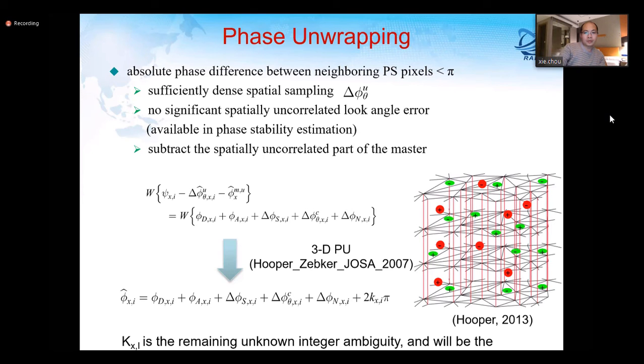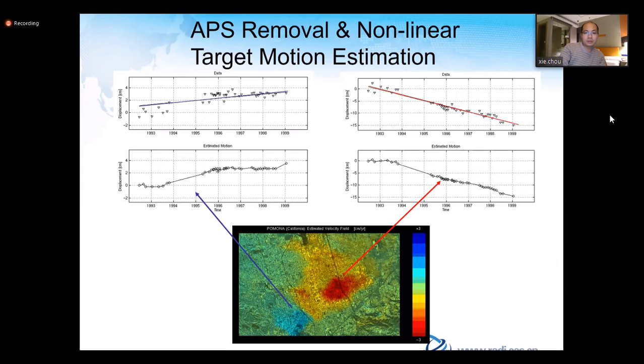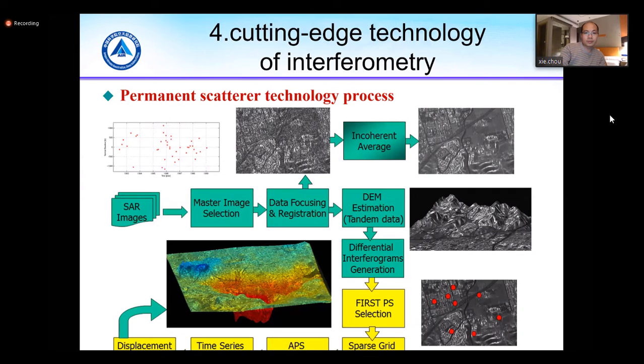There is a step on how to compute the 3D phase unwrapping, and then we can get the displacement time series or displacement velocity. Here is the flow chart of the permanent scatterer technology.